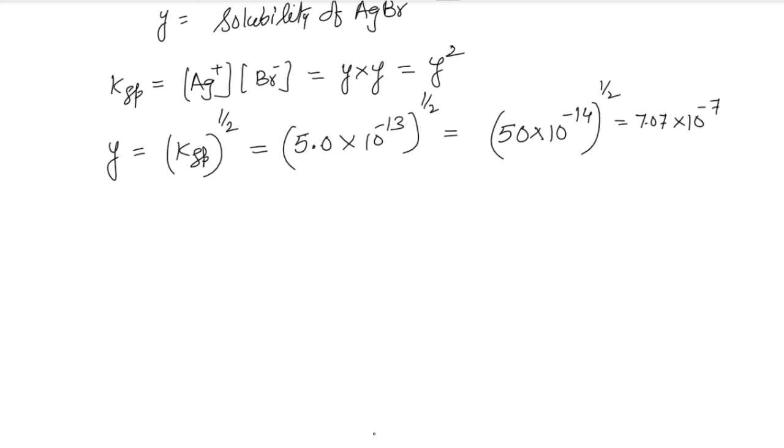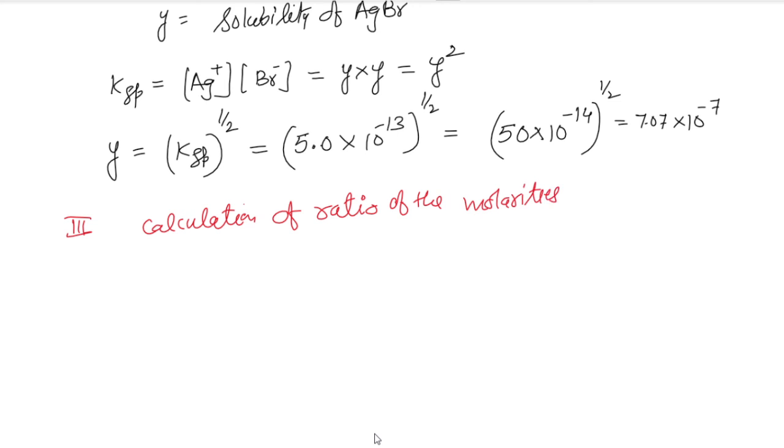Now the third part. Step 3 is calculation of the ratio of the molarities of the saturated solutions, that means the ratio of their solubilities.